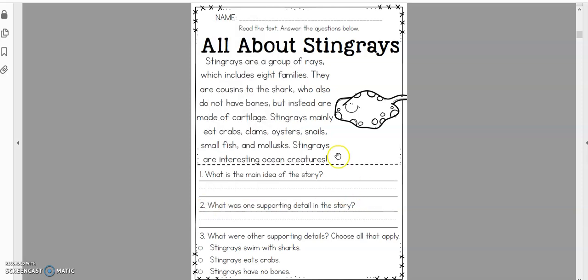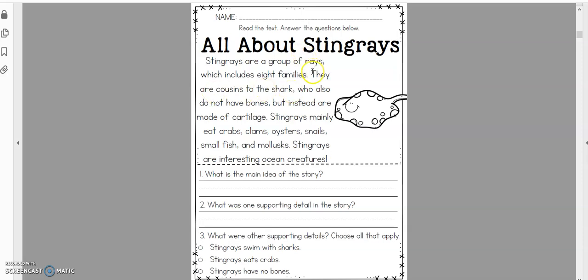So I want to look back in this passage and decide what is one supporting detail. Remember, that detail is a fact the author gives me about their topic. So I know the topic is stingrays and that they're interesting. That's our main idea. Now I'm going to find a key detail.